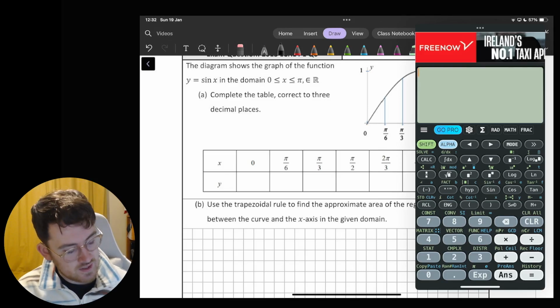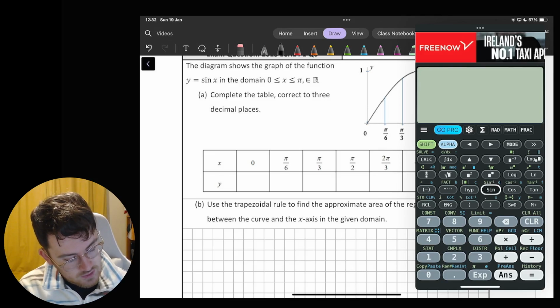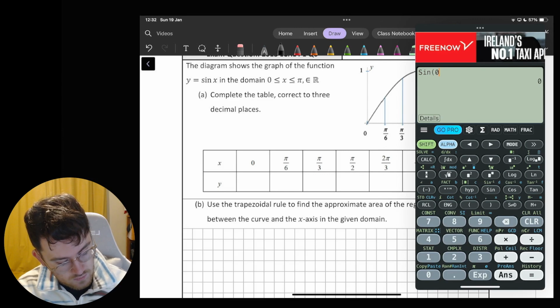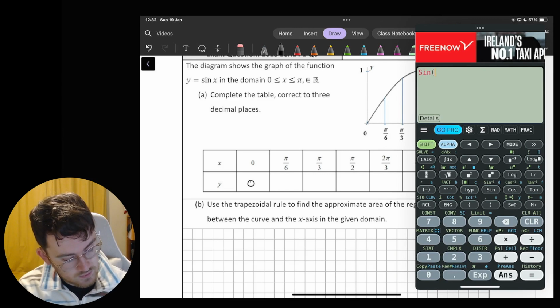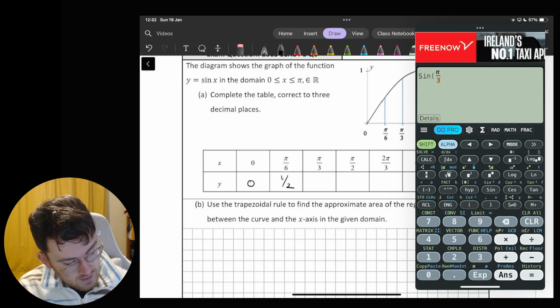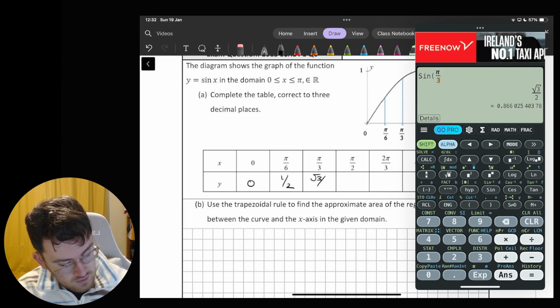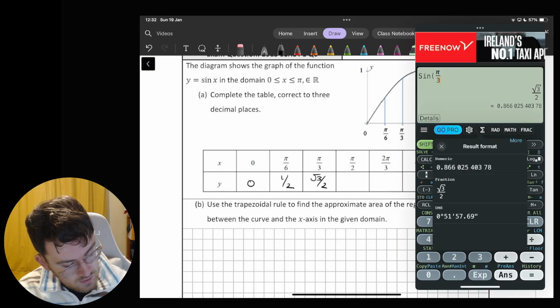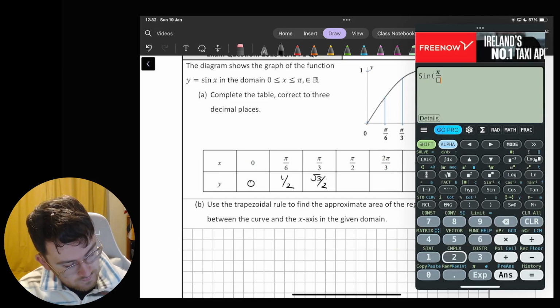I'm going to be filling in the values for this table. It's all sine. So sine of 0 we know is 0, one that we really should know without having to fill it in. Pi over 6 is a half. Pi over 3 is root 3 over 2. Pi over 2 is 1. 2 pi over 3 is root 3 over 2.